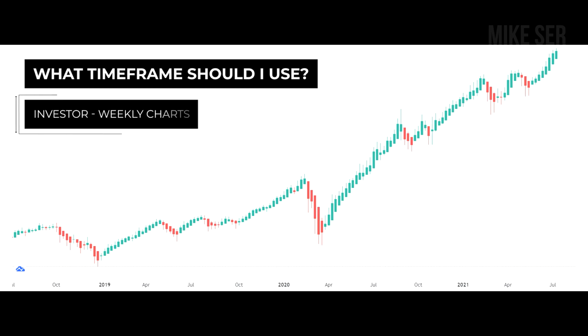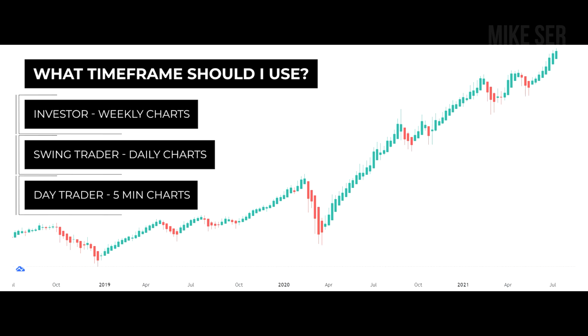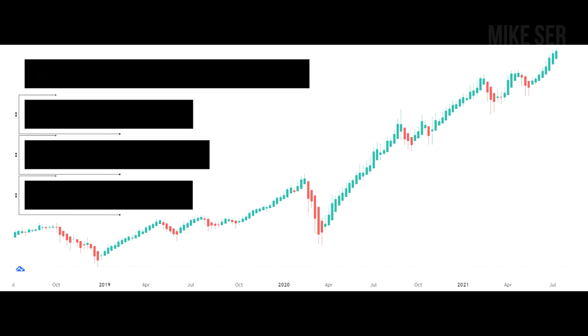If you're an investor looking to hold longer than a year, then you should use weekly charts. If you're a swing trader looking to hold a few months to less than a year, then use daily charts. If you are a day trader, then use 5-minute charts, but understand that the short time frame charts aren't as reliable as daily or weekly charts.